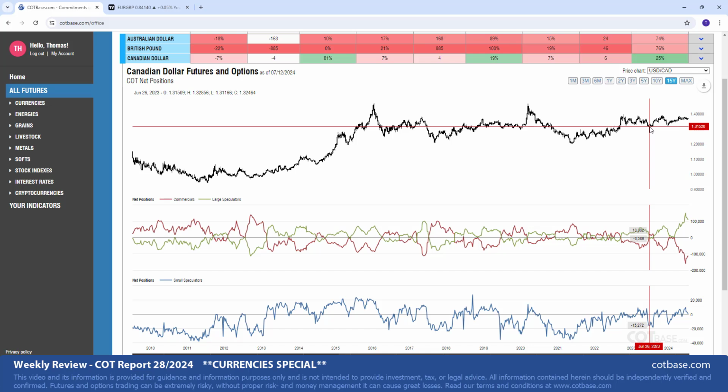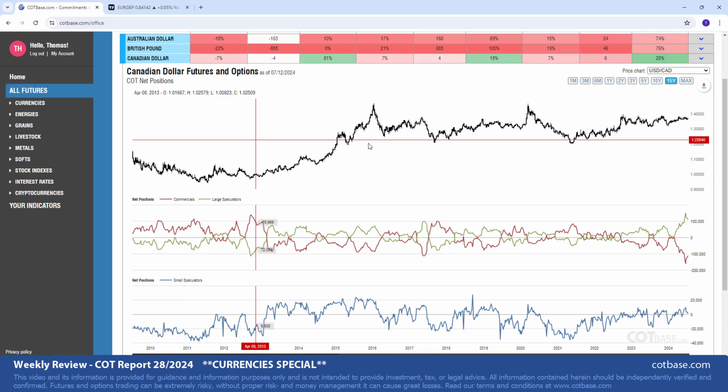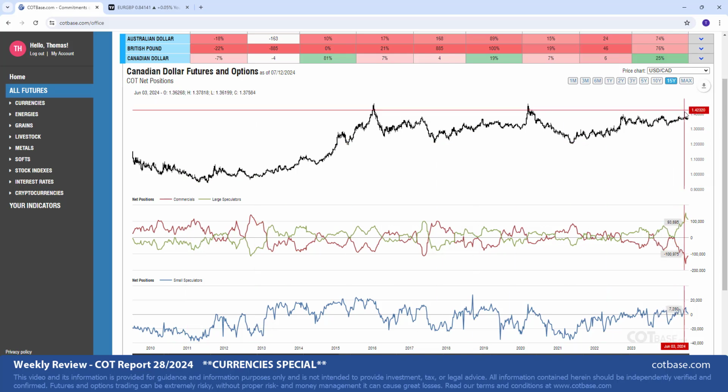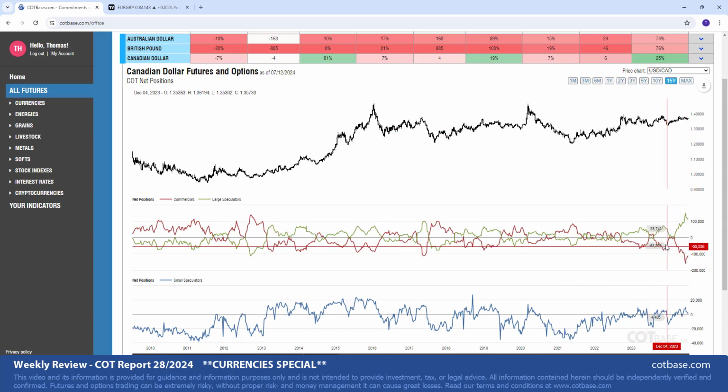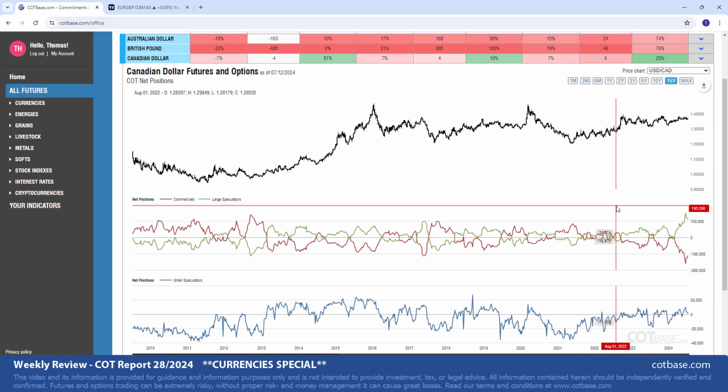Another thing that you should keep in mind with currencies is it has two sides. So if you are analyzing the Canadian dollar here, this is the US dollar Canadian dollar currency pair with the inverse of the Canadian dollar futures COT report charts underneath.